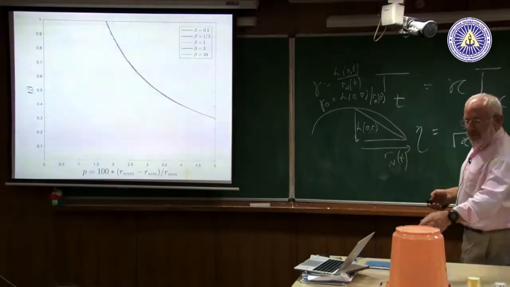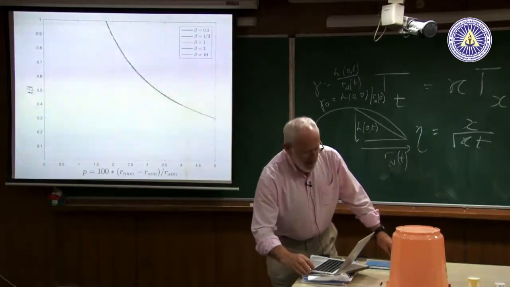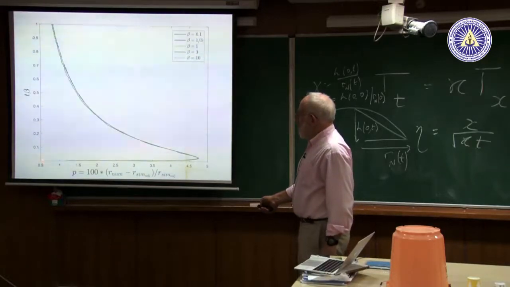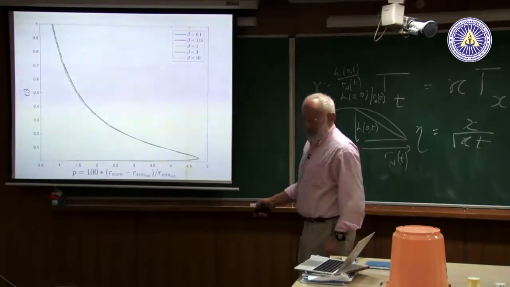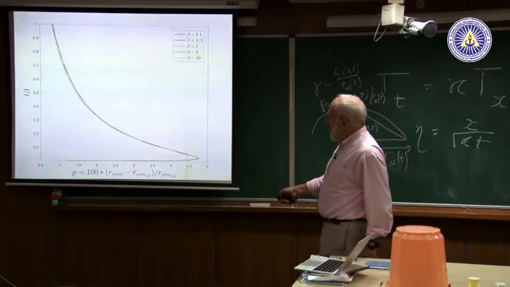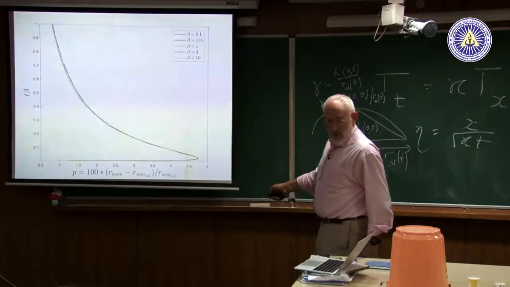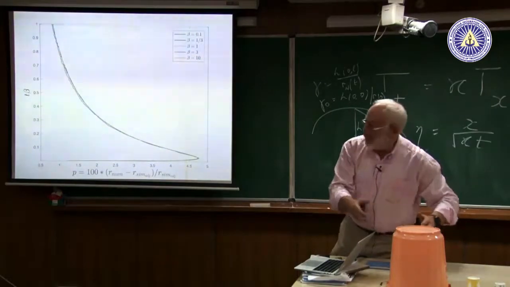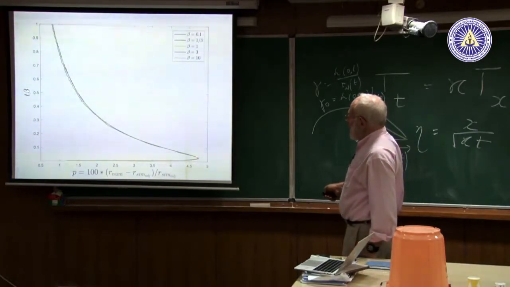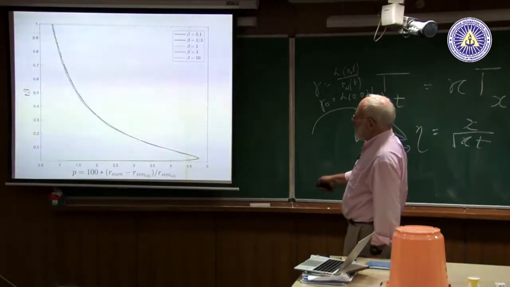Then you could do the same thing, only starting it off differently, and this is what you get. Initially, it's got to be perfect. They start together, so for 0 time, there's got to be 0% error. Then it's going to increase, because the bucket, with more shape in this way, runs in front of the similarity solution, and it gets to about 4.7% in the case of a circular cylinder, and then it begins to go back again.